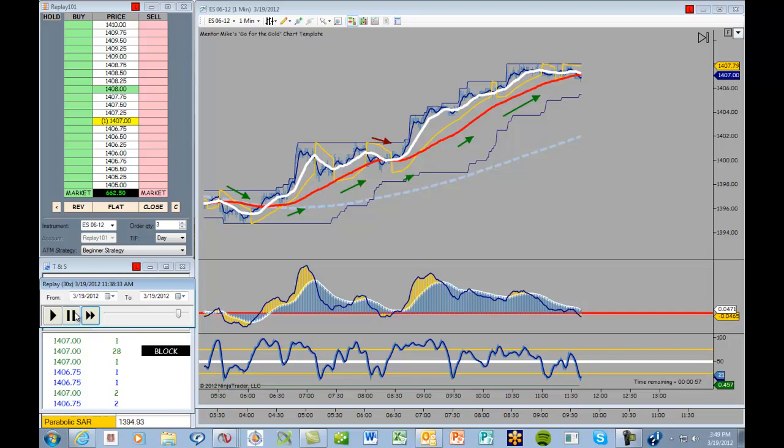And the MACD is going south of the zero line. Alright, it looks like we got a little bit of a curvature there, so I'd say let's short this thing.